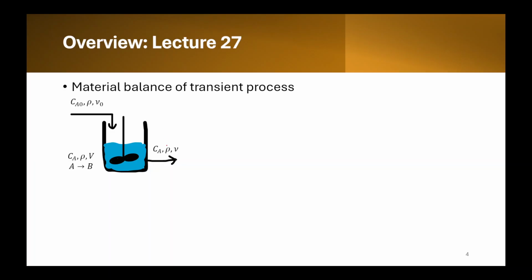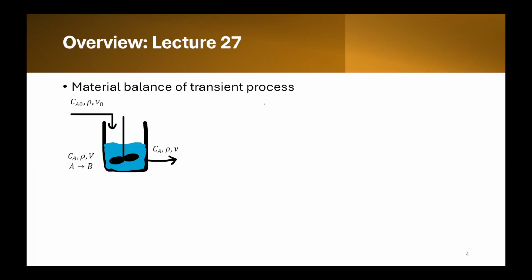Whatever is coming out has the concentration Ca, the density is again rho, and the outlet flow rate is nu, which is different from nu naught in this case. In the reactor, Ca is again the concentration of A, rho is the density, and V is the volume of the liquid. And this reaction, A gives B, is taking place.